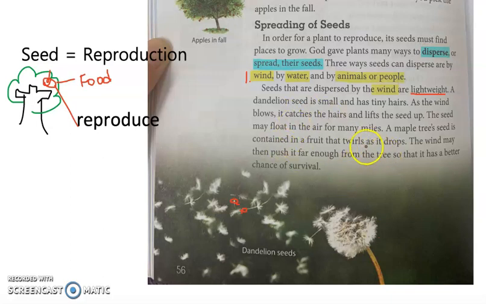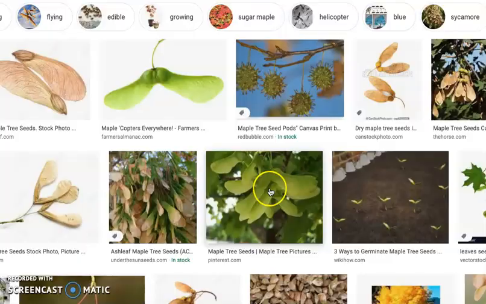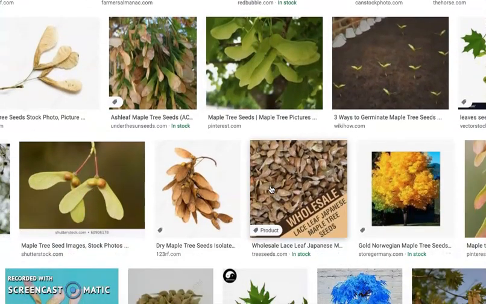And here it says another example that can be traveled by wind is the maple tree seed. So I'm going to show you the picture. Here we go. So this is a picture of a maple tree seed, and I know it looks very weird. Do you see the two circular things? They are the seeds. However, they are carried by these two propellers, and this is very unique for this specific seed.